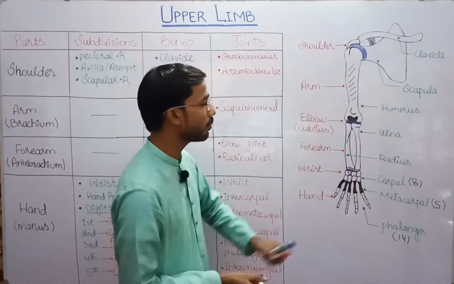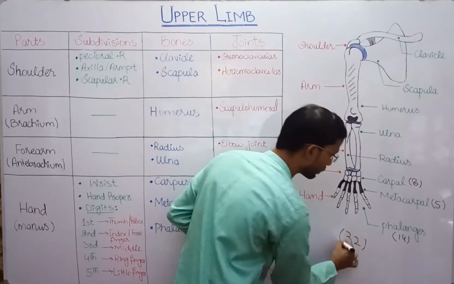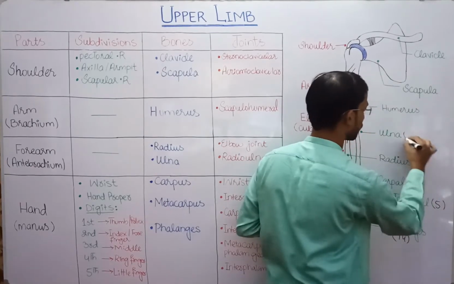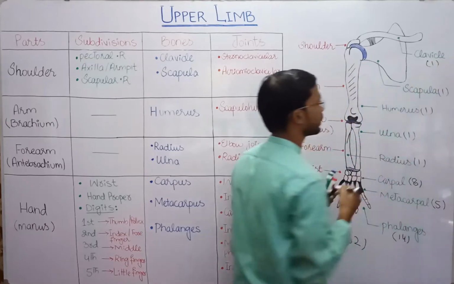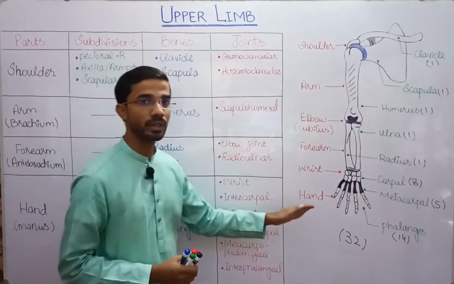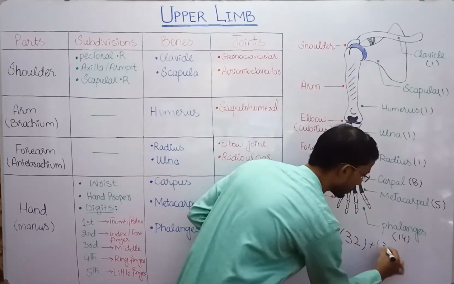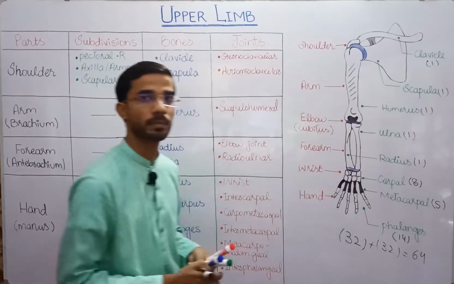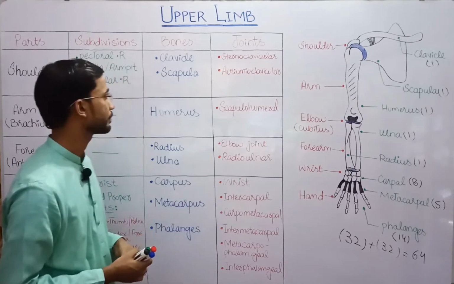So our total bones will be 32 in one arm and 32 in the other arm. So the total will be 64 bones present in both upper limbs.